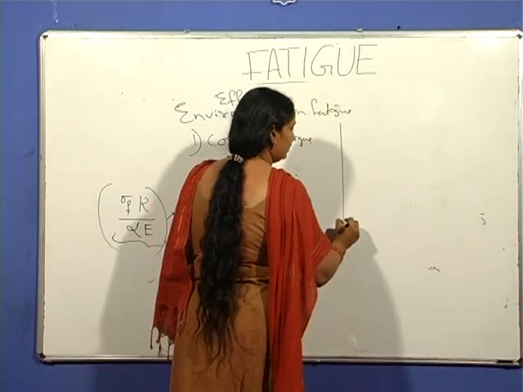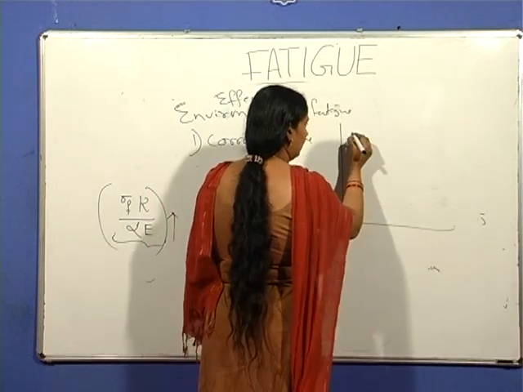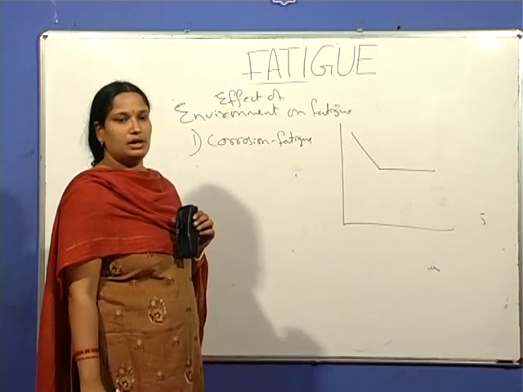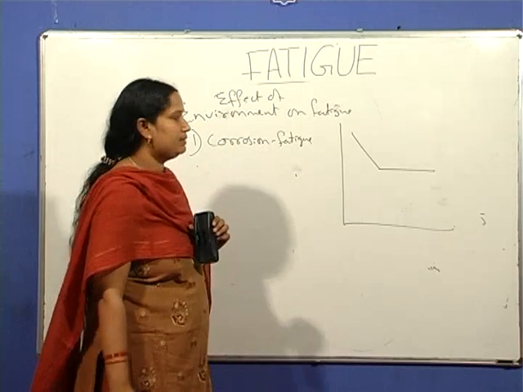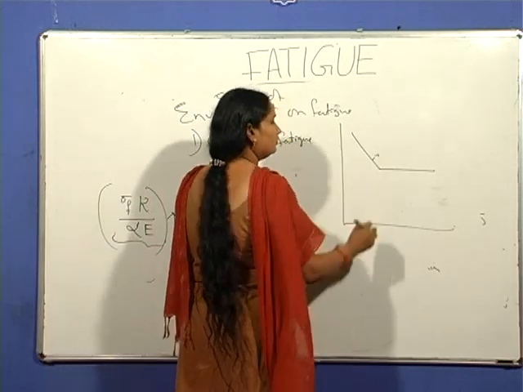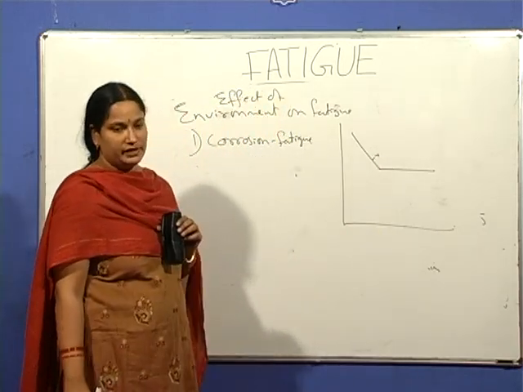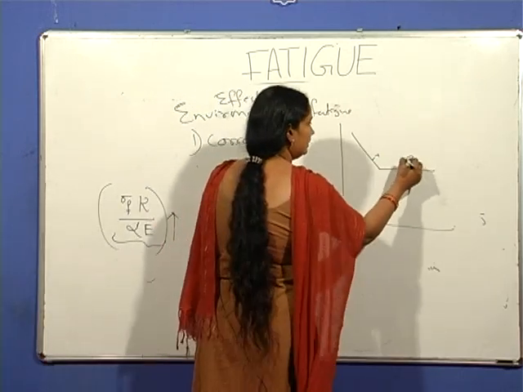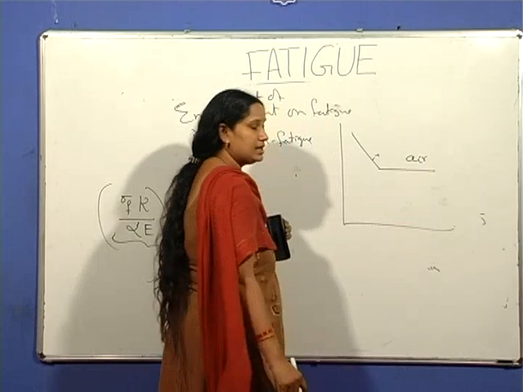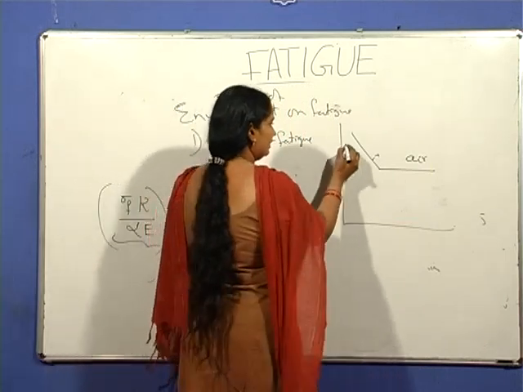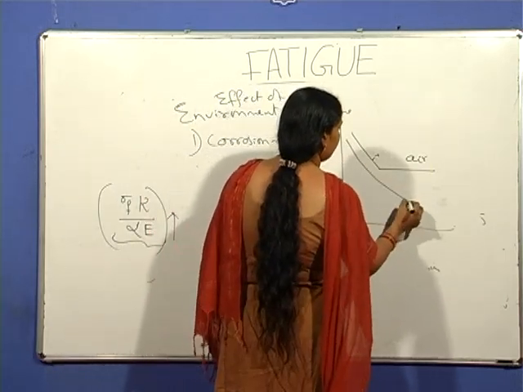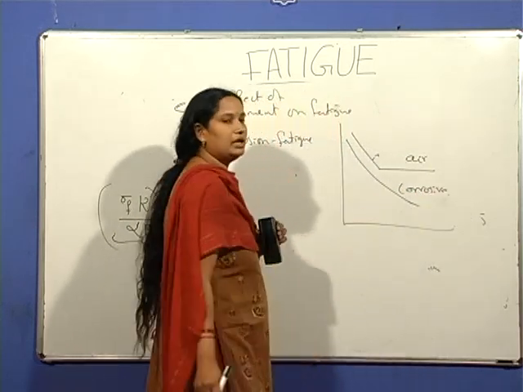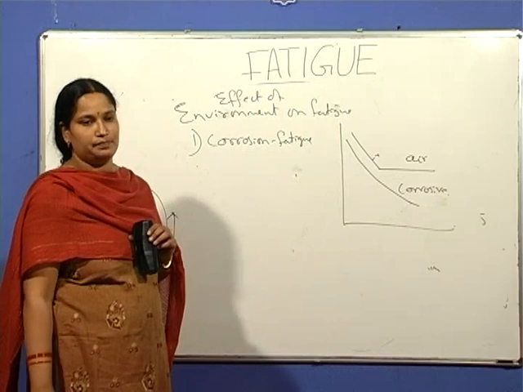When a component which shows a definite or true endurance limit, as in the case of mild steel for example, is tested in air, and if the same component is tested in a corrosive environment, then the endurance limit is not seen.